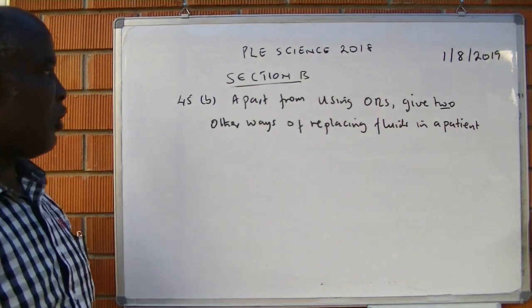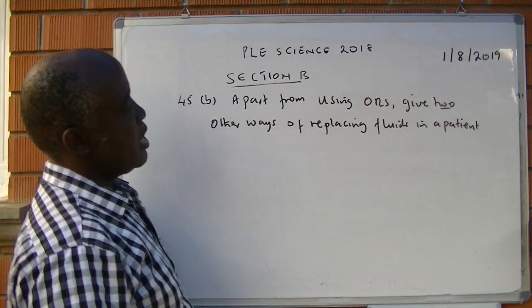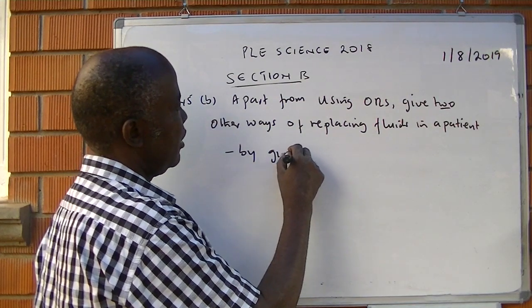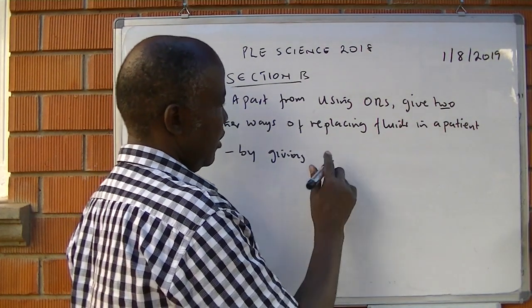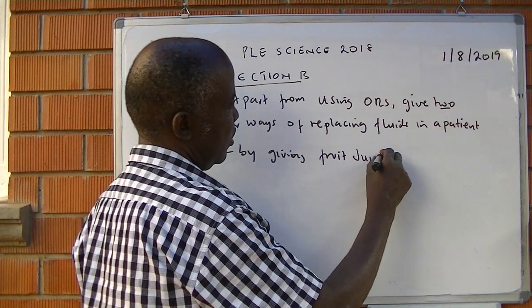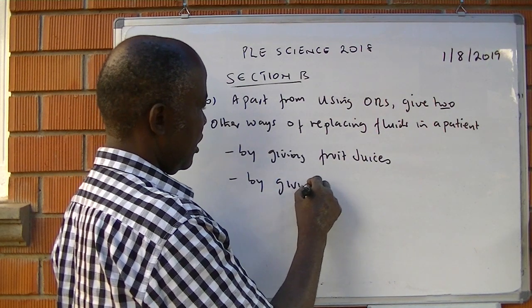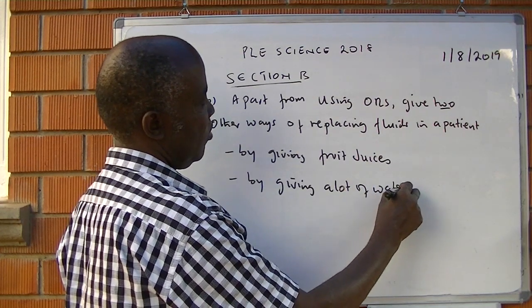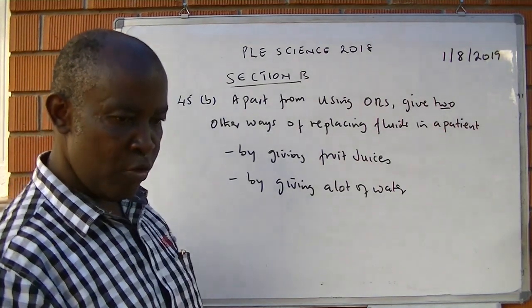B, apart from using ORS, give two other ways of replacing fluids in a patient: by giving fruit juices, by giving a lot of water.